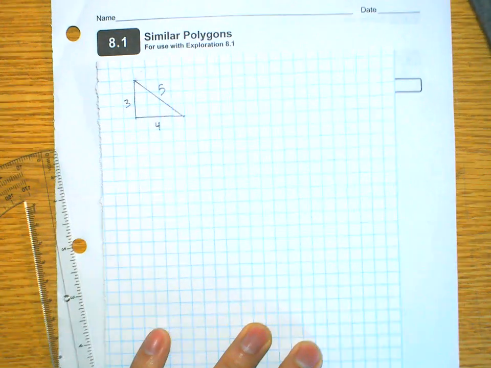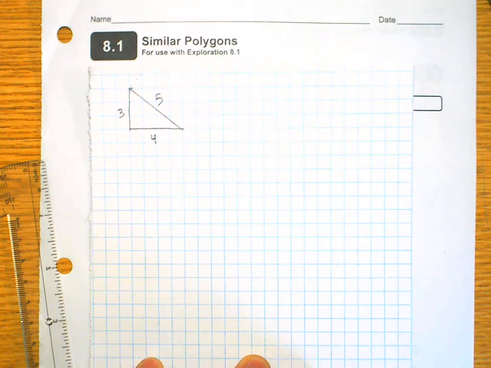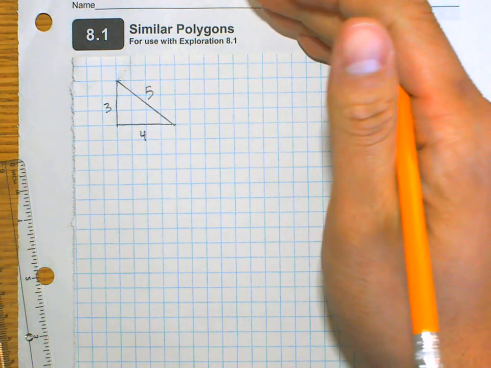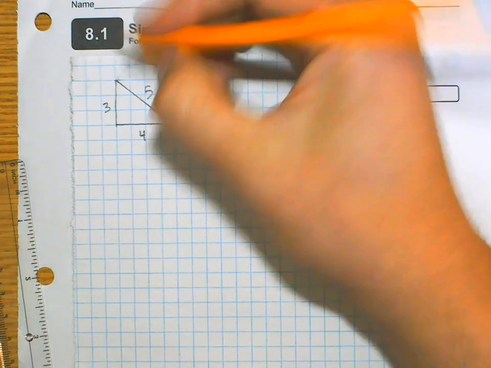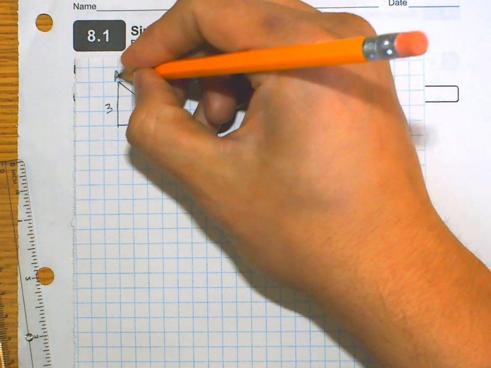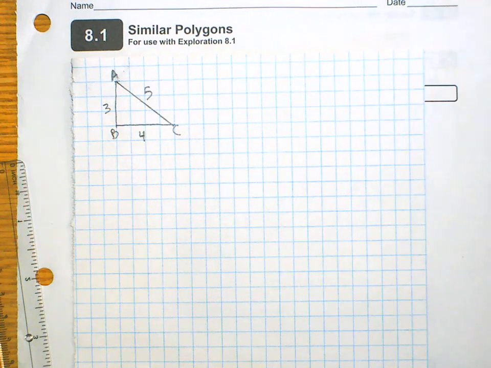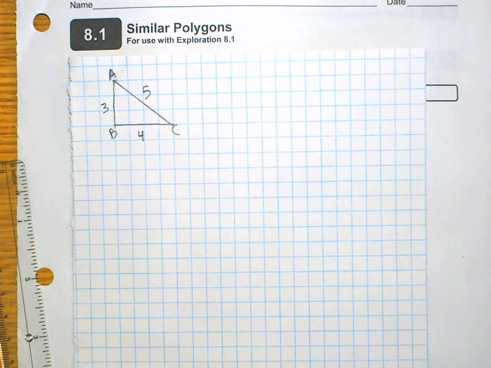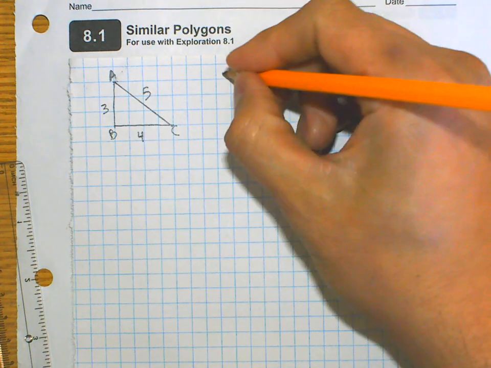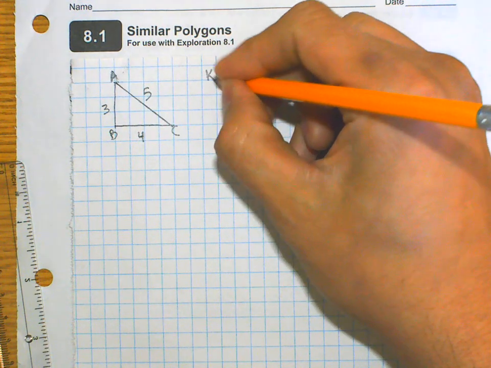Zoom in a little bit. Okay, so 3, 4, and 5. Now I'm going to call this triangle triangle A, B, and C. Now I'm going to dilate this and I'm going to use a scale factor of 3.